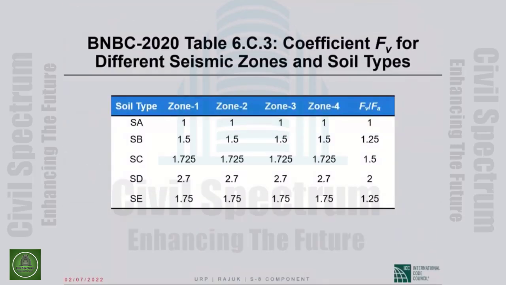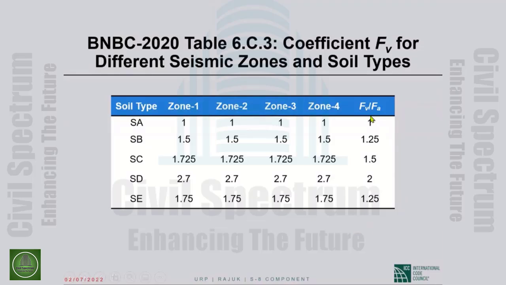F sub B is given in this other table of the appendix, 6.C.3, and F sub B values are also dependent only on the site class, not on the intensity of ground motion. Okay. We are not exactly sure how these F sub V values were derived.